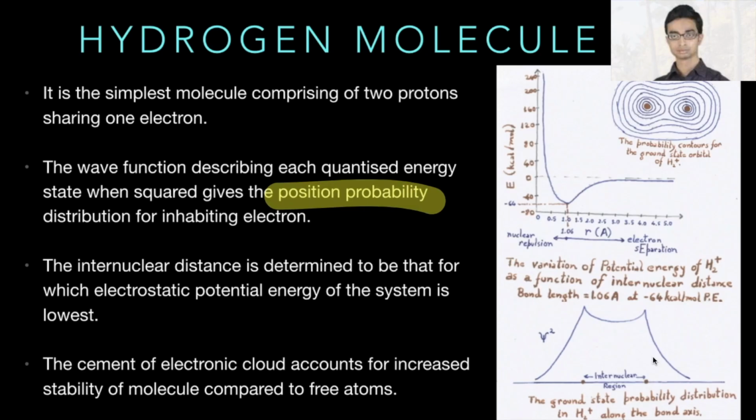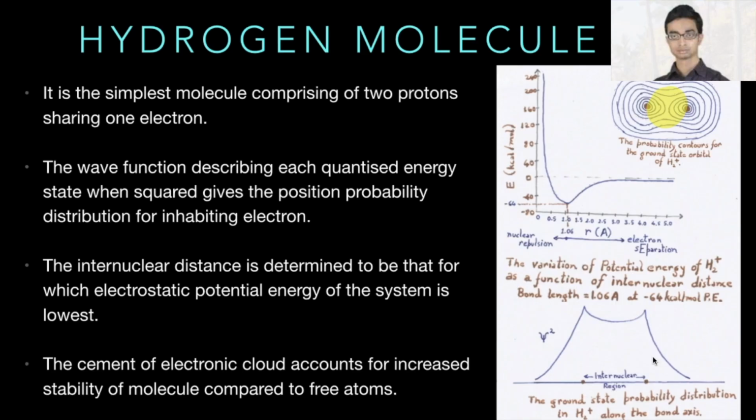For mapping such a molecular orbital, the internuclear distance is determined to be that for which the electrostatic potential energy of the system is lowest. When occupying the ground state molecular orbital, it is interesting to note that the electron is more likely to be found in the region between the two nuclei.